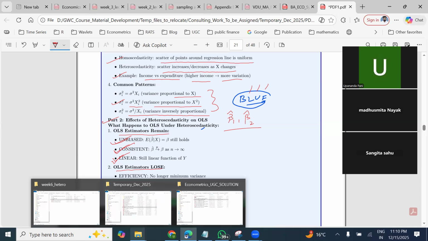Because in chapter number 3, if you see, I have not discussed the Gauss Markov theorem, but I was more insisting on the Gauss Markov theorem. Have you studied the Gauss Markov theorem, Sangeeta? No, sir. That is why I was insisting, but because we had less time, I skipped that.